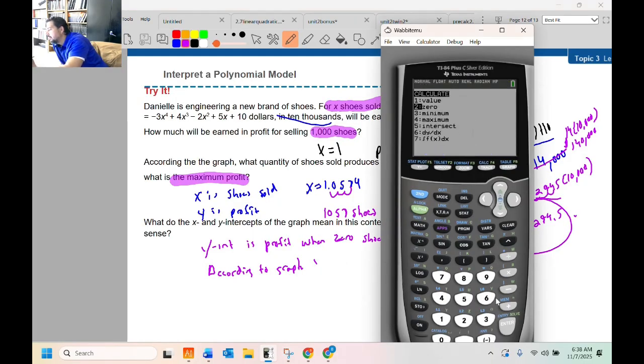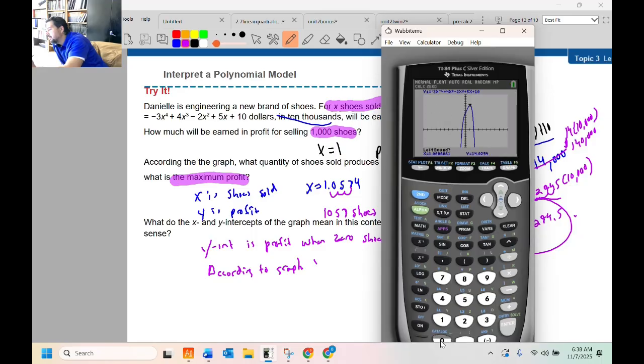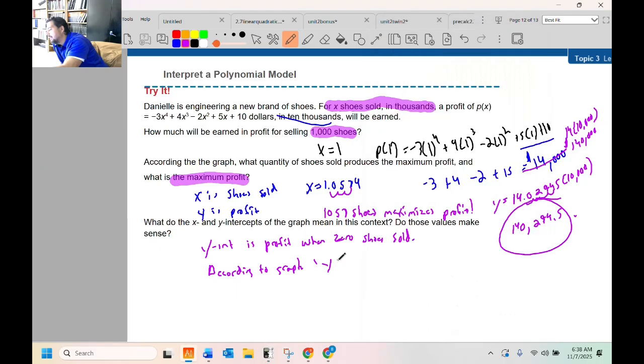Look at it. I'm going to let x be 0. Remember that? According to the graph, y is 10, which means a profit of $100,000. And that's complete nonsense. 100% nonsense. Doesn't make a lick of sense, does it?